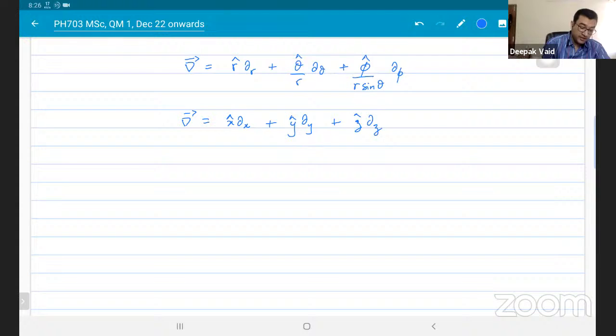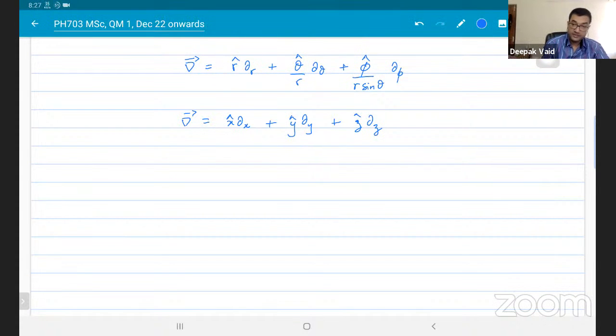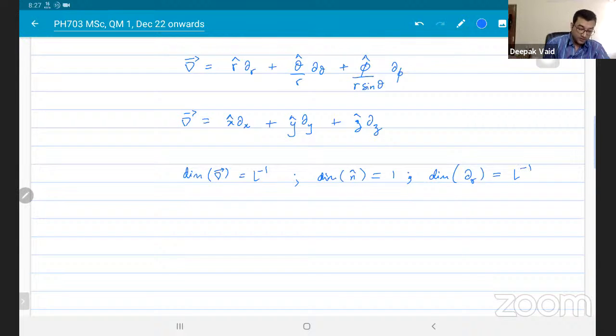But in order for the dimensions to work out, what are the dimensions? The unit vectors are dimensionless, dimension 1 for any unit vector. The dimension of the gradient is L inverse, and the dimension of the derivative is L⁻¹.